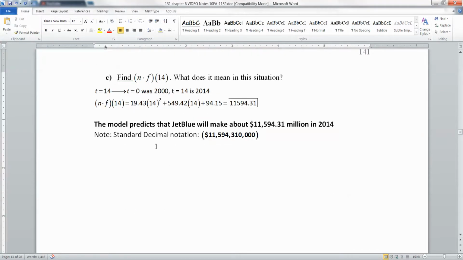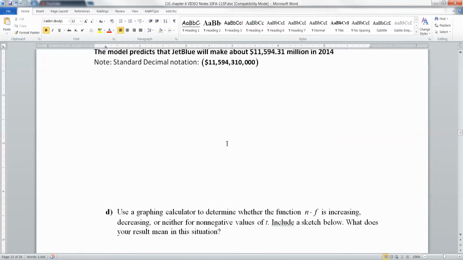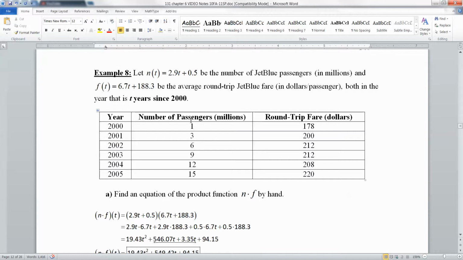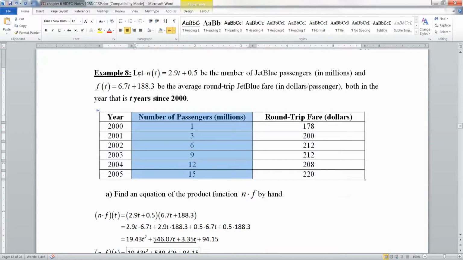So there you go. 2014 is the year. JetBlue should make about that much money because it's that much money per person times how many people, right? What you're doing here when you find n times f is multiplying how many passengers they're expected to have, that's your n function, times how much you're charging them. Notice the fares are going up.